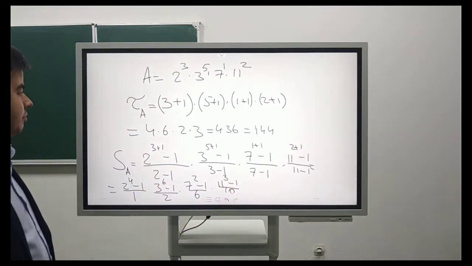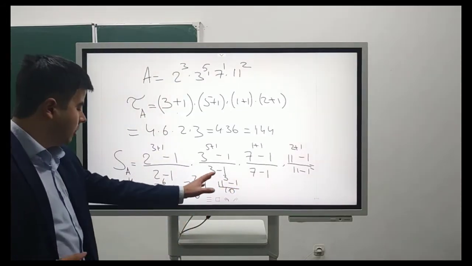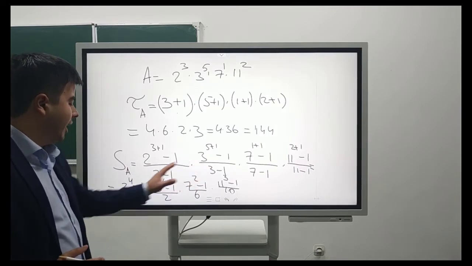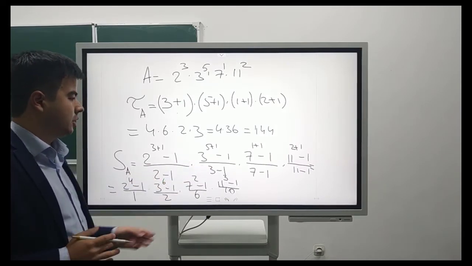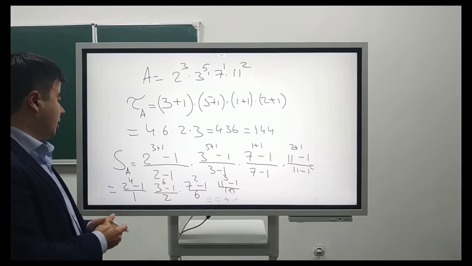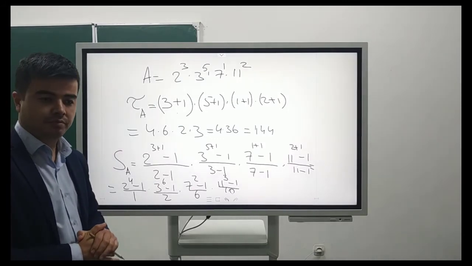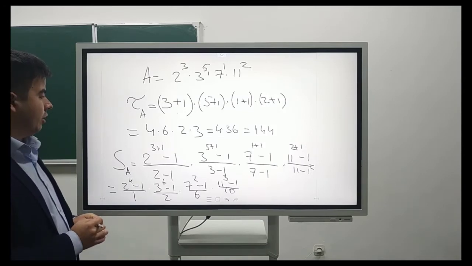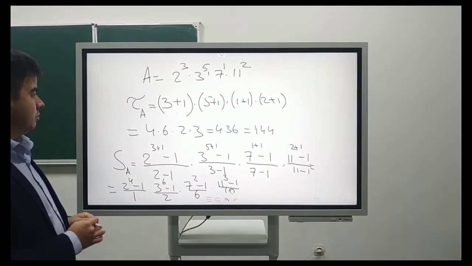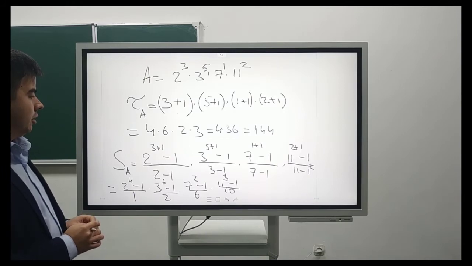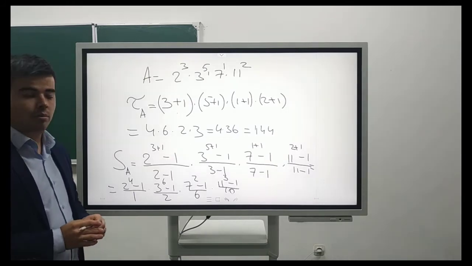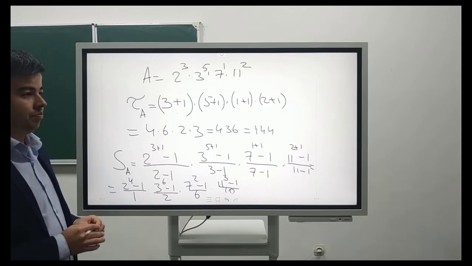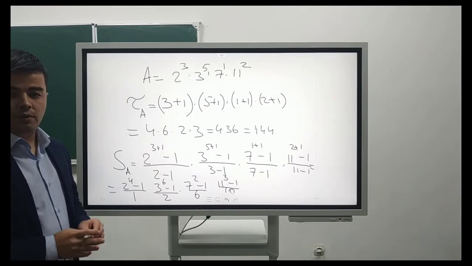So if we calculate all of them and find the multiplication of these numbers, we get our S. The next time we'll continue our practice. It was the last example. Thank you for your attention.